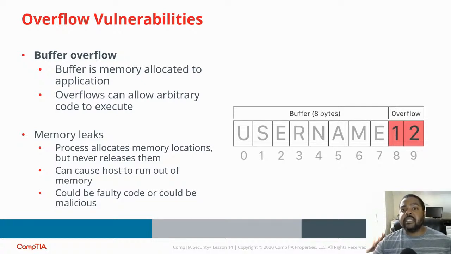So we need a buffer there to actually say, hey, this is the capacity, this is the limit of what you can actually put in. So let's say for most usernames, it's between 8 to 12 characters. And let's say there's no buffer, and I put a whole script of code into that username box.